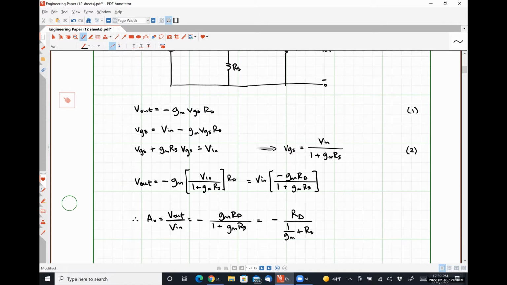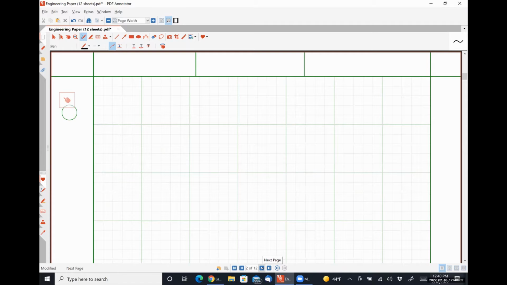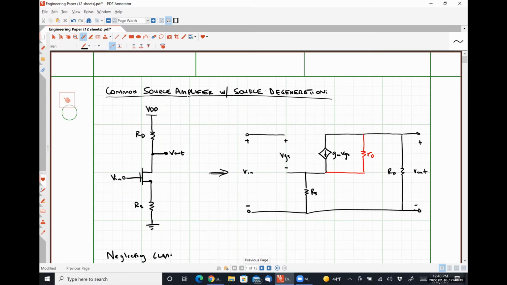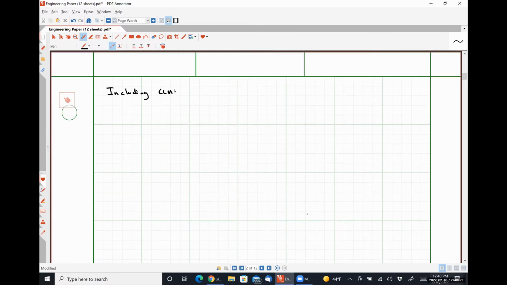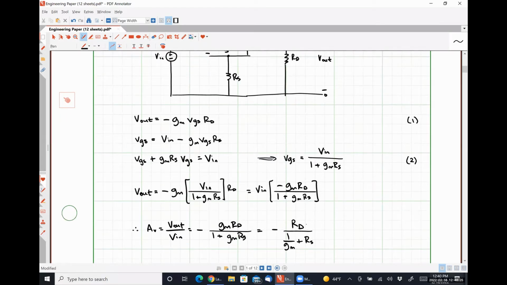Okay, so our small signal model, including channel length modulation. Yes. Go back. We're good.